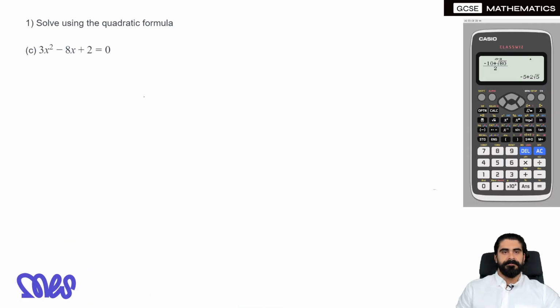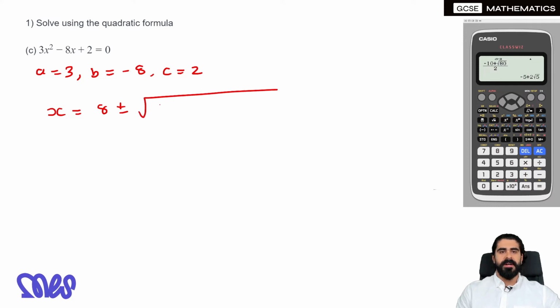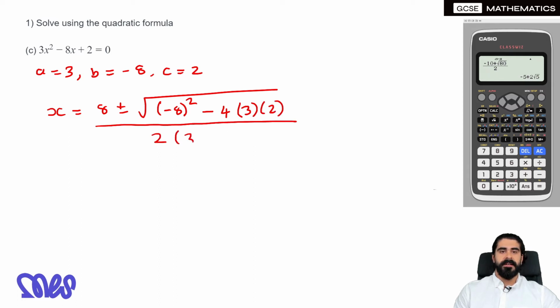Part C. So here we have a equals 3 now, b equals minus 8, c equals 2. So x equals minus b, so that will become plus 8. B squared. So now you have to make sure you use a bracket. So minus 8 all squared minus 4ac all over 2a.